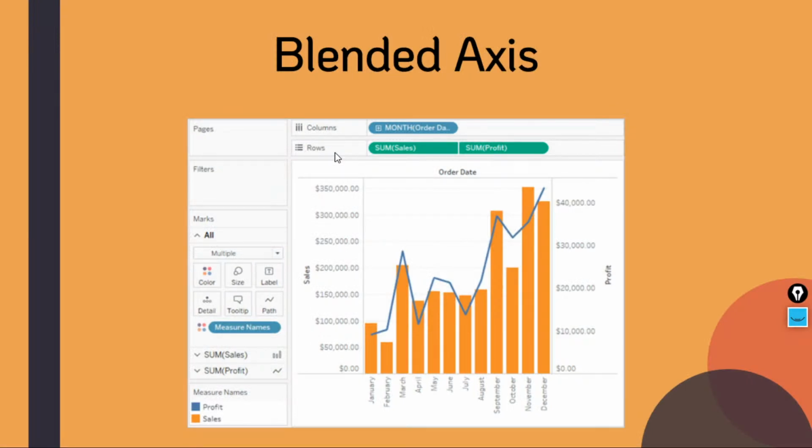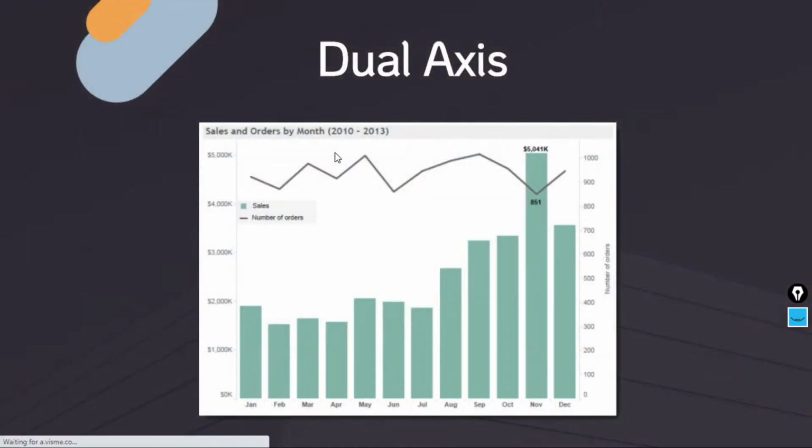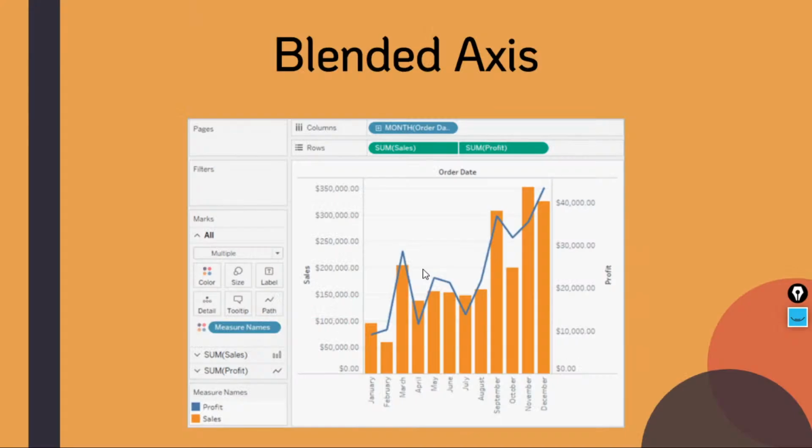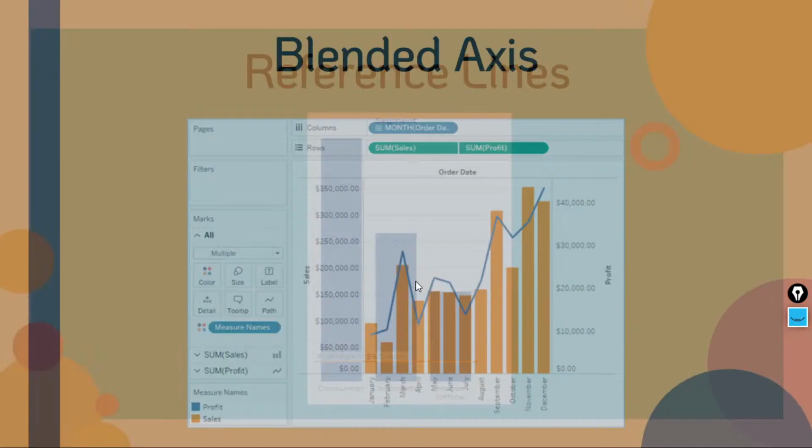In this case, if you see the dual axis here, if you wanted to see how the data is distributed as a trend, you can use that to show the data points. So number of orders is this much, and what is the sales achieved by selling this many products, very similar to what we have built. Blended axis has only one chart type. Here we have multiple chart types, but the idea is blended axis will allow you only one chart type.